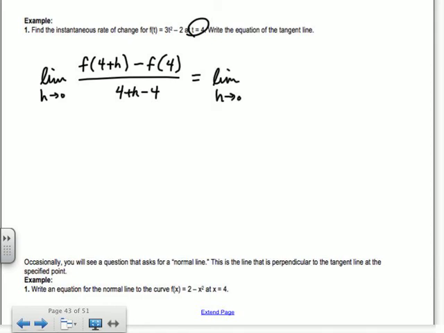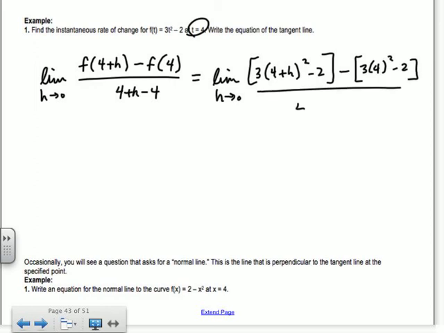You would be plugging in 4 plus h in for t, so it would look like this. That would be the first one. That would be f of 4 plus h minus plugging in 4. So 3 times 4 squared minus 2 all over h. Notice how it's always all over h. And you'd have to simplify that.